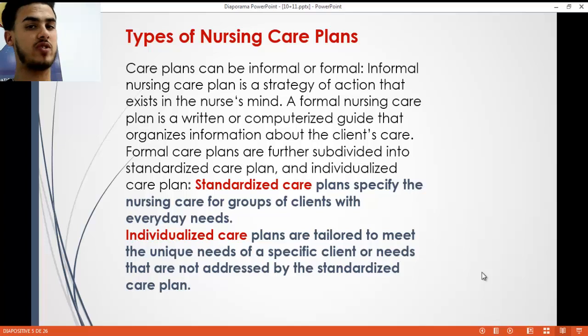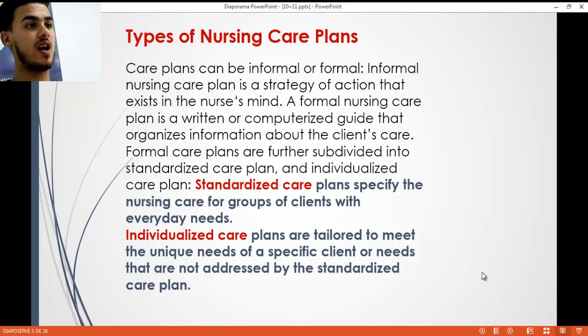So the difference between the two is that the informal exists only in the nurse's mind, while the formal type should be written or copied down.